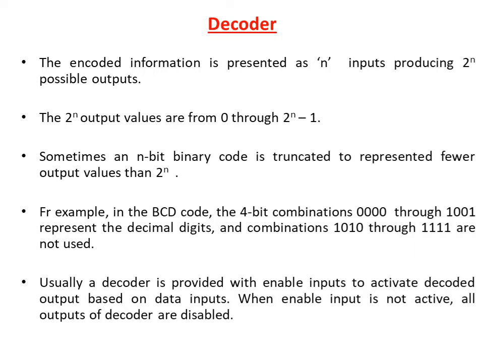For example, in the BCD code, the 4-bit combinations 0000 through 1001 represent the decimal digits, and the combinations 10 to 15 are not used. Generally, a decoder is provided with enable inputs to activate decoded output based on data inputs. When enable input is not active, all outputs of the decoder are disabled.